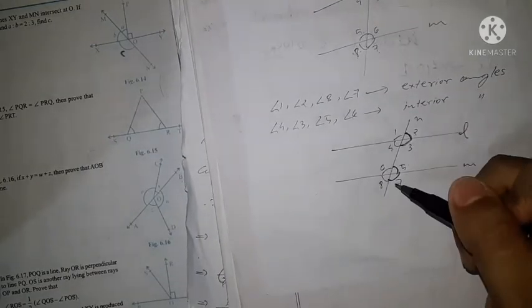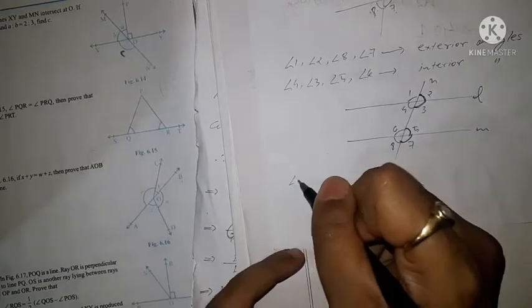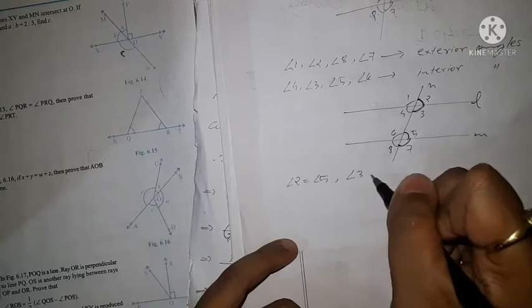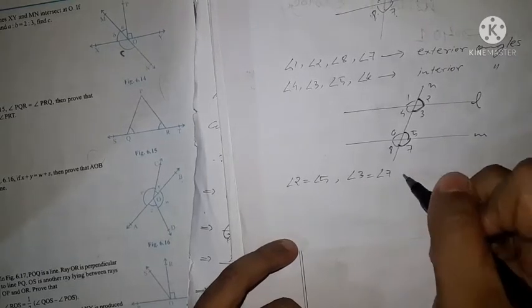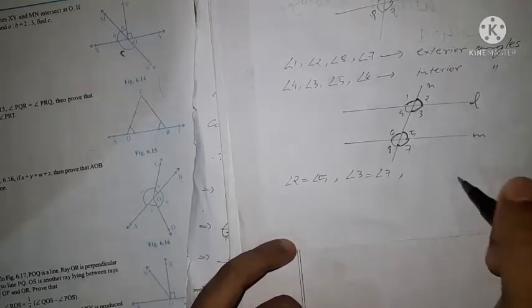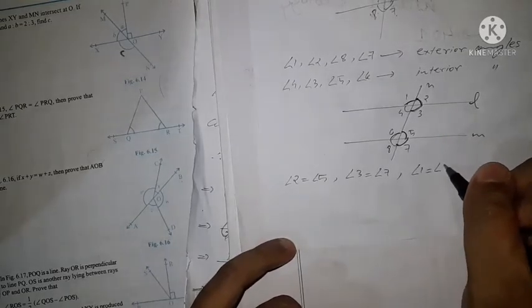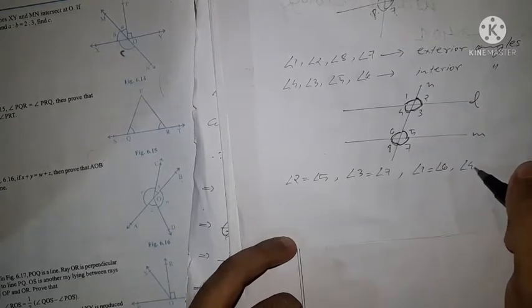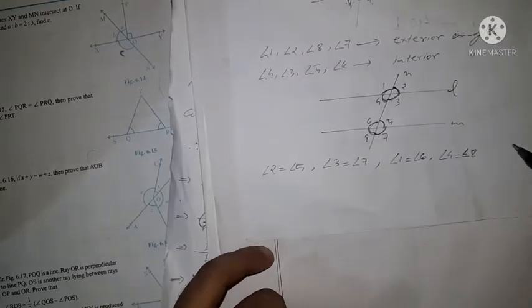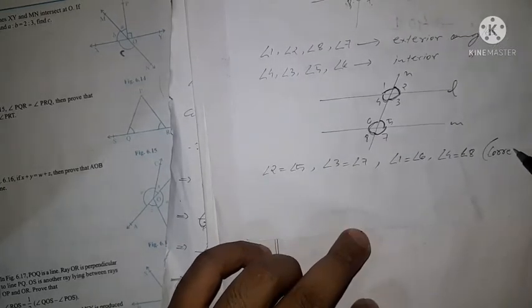These corresponding angles are equal, that is angle 2 equals angle 5, angle 3 equals angle 7, and on the other side angle 1 equals angle 6, and angle 4 equals angle 8. So these are all corresponding angles.